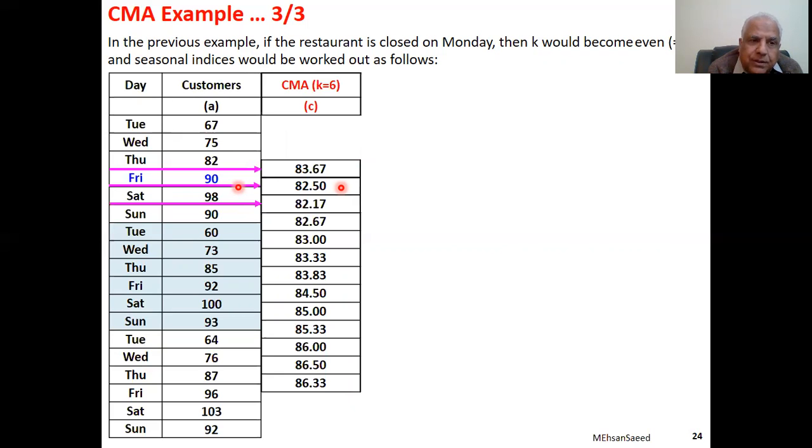Now this line was Thursday and a half. And if now you average these two, this data will lie in front of this line. And where does this line point to? This line points to Friday. So averaging these two data points at k is equal to 2, we get 83.02.